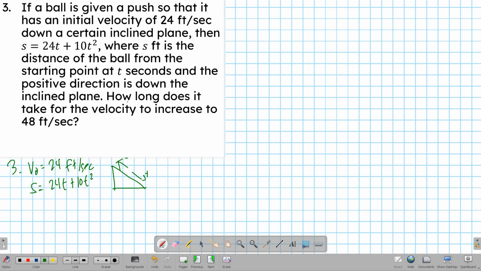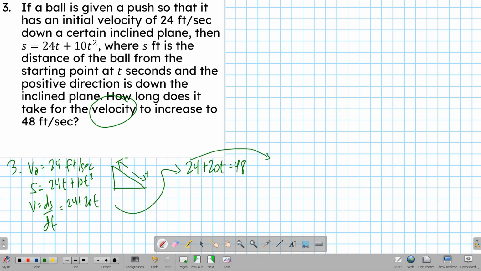Since we're asked for velocity, we need the velocity function. V, which is equal to ds over dt, is equal to 24 plus 20t, getting the derivative of our position function. How long does it take for this to be equal to 48? Hence, 24 plus 20t equals 48. Then we solve for t because that's how long.